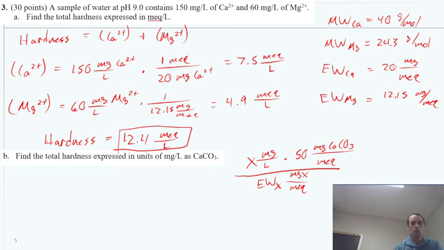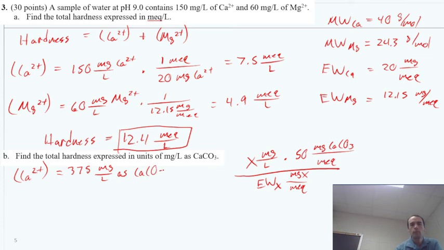And so essentially, we just need to take the same types of calculations we did a moment ago and say, well, here the calcium 2+, when expressed as CaCO3, we send it through that process. That's going to be 150 times 50 divided by 40. Ultimately, that gives us 375 milligrams per liter as CaCO3.